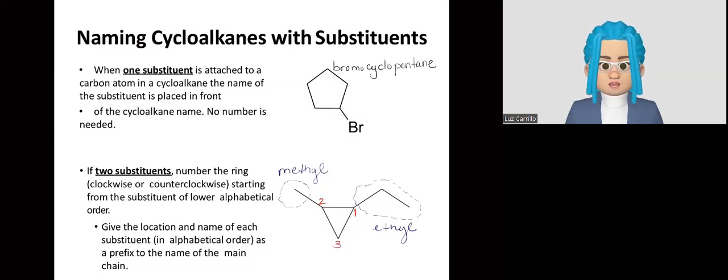So when we name the following cyclic alkane, we go 1-ethyl-2-methylcyclopropane, propane, because our cyclic system has 3 carbons in length.